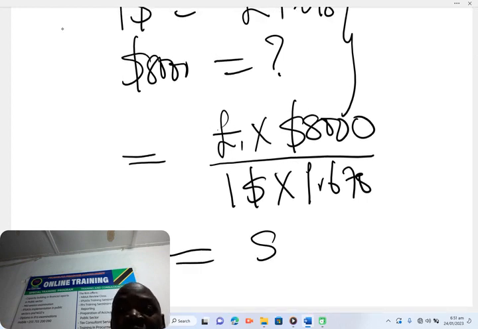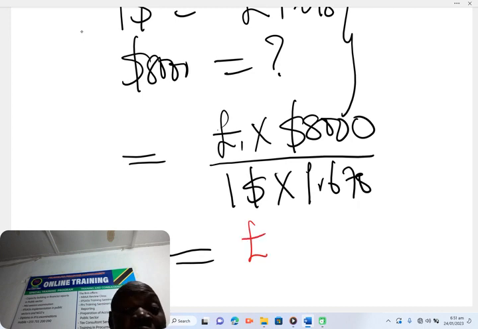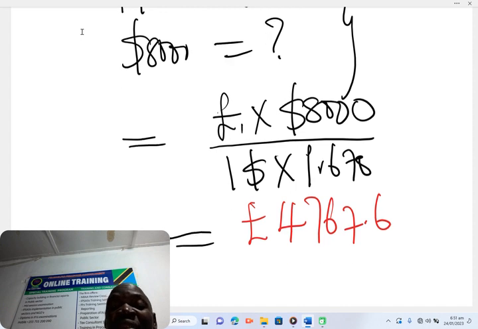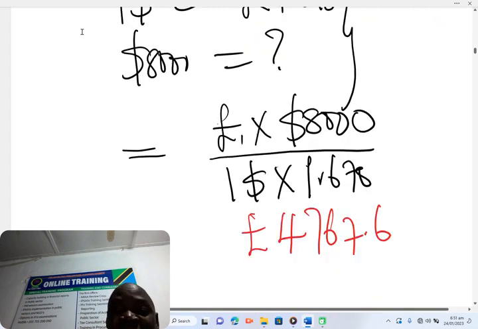So it is £4,767. So the bank is doing what? Is selling.